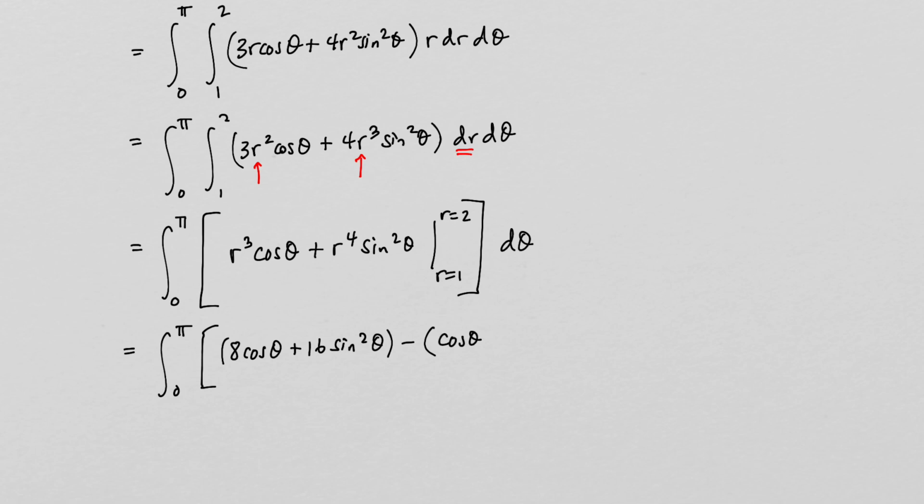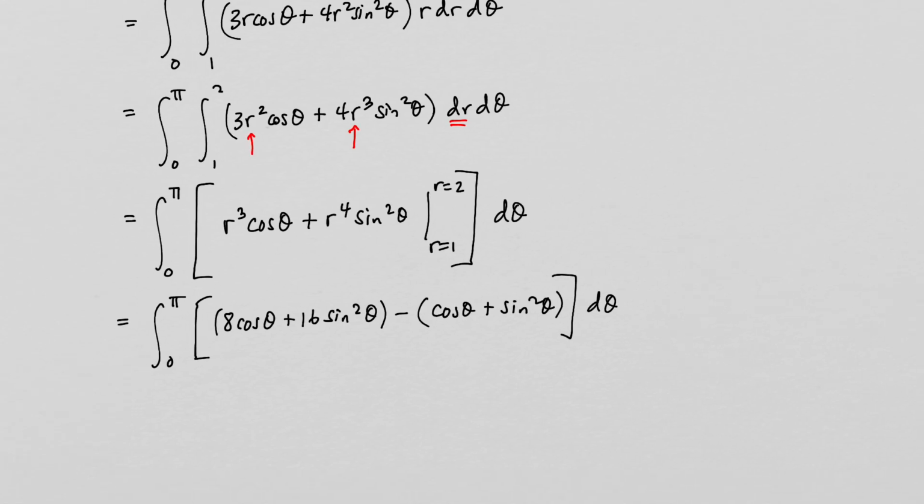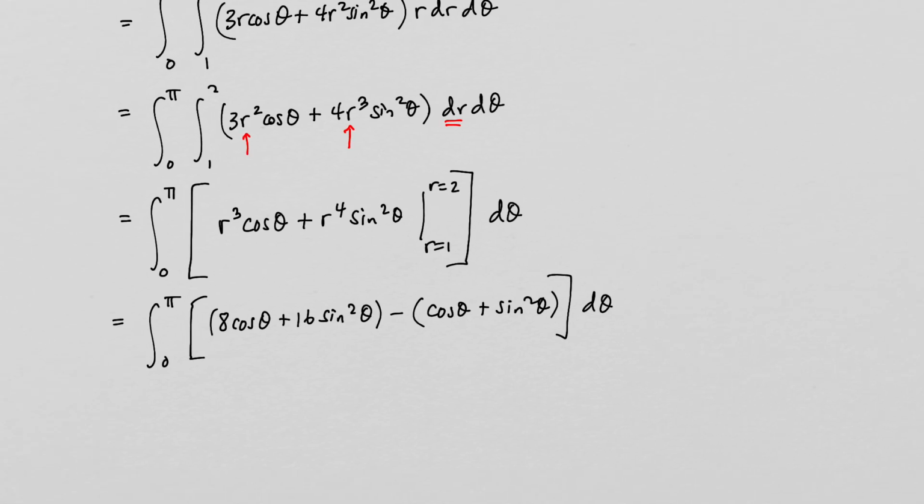So cosine of theta plus sine squared of theta, and then d theta. All right, now let's go ahead and combine like terms. We have 8 cosine of theta minus 1 cosine theta, which is 7 cosine theta, and 16 sine squared theta minus 1 sine squared theta is 15 sine squared theta.